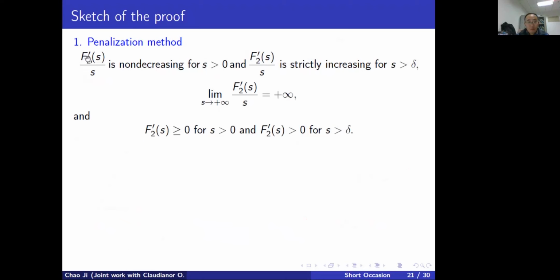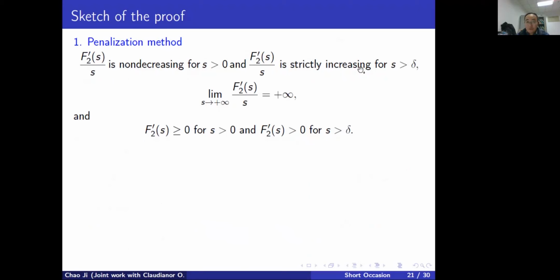Okay, we can try to compute it. f2 prime of s over s is non-decreasing for s positive, because when s is small, this number is 0. So it's non-decreasing.